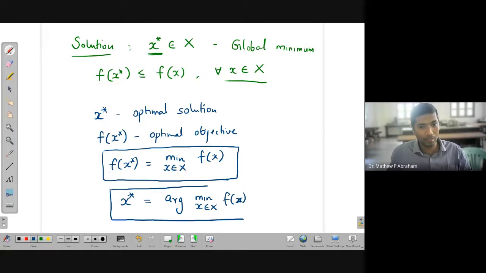Sometimes we tend to confuse f of x star and x star. So x star is the optimal solution, and f of x star is the optimal objective function.